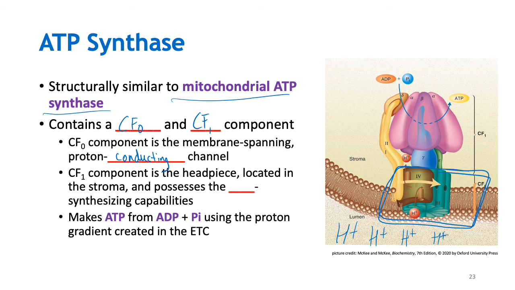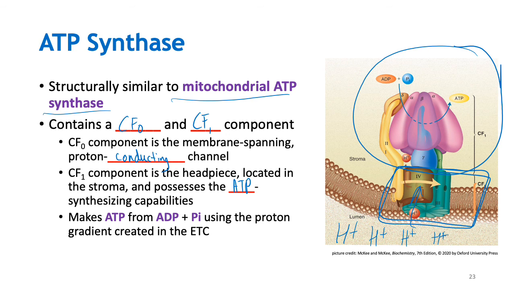So it conducts protons. Proton enters. The shaft starts to spin. The CF1 component is the headpiece. So this part of the molecule, that's the CF1, located in the stroma. Remember, you might think of this as the mitochondrial matrix part of photosynthesis when trying to compare, and it possesses the ATP synthesizing capabilities.